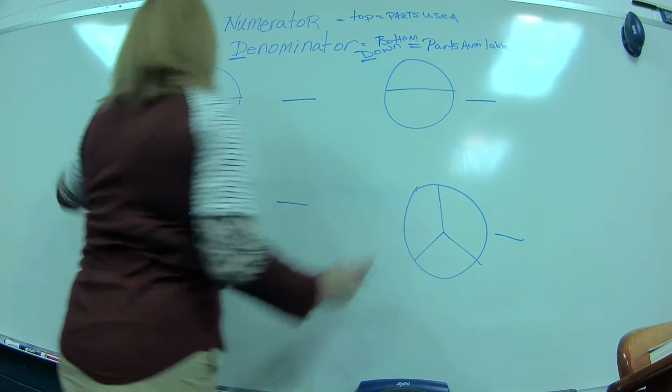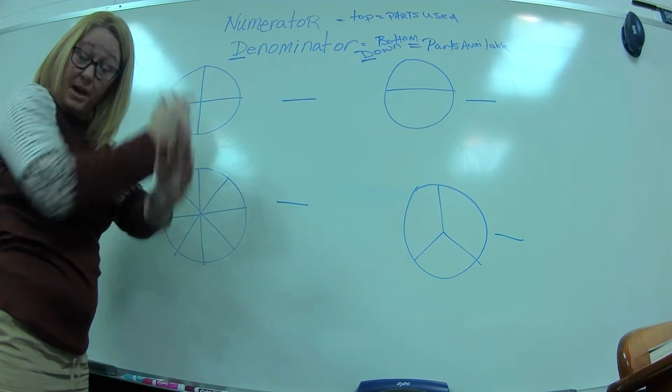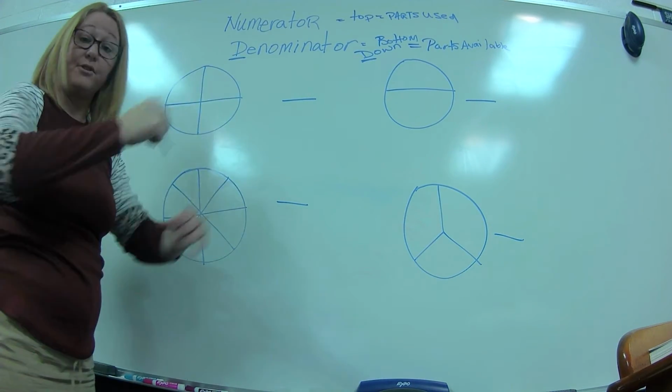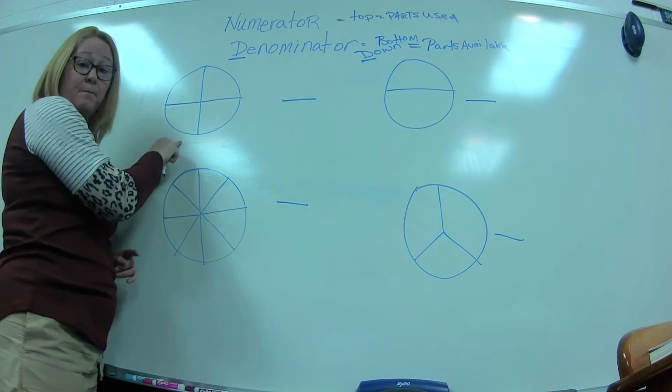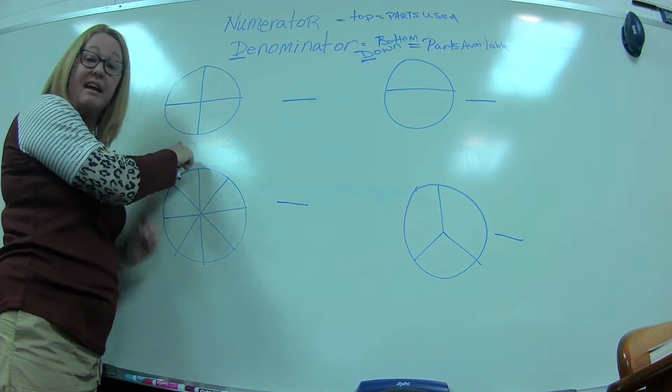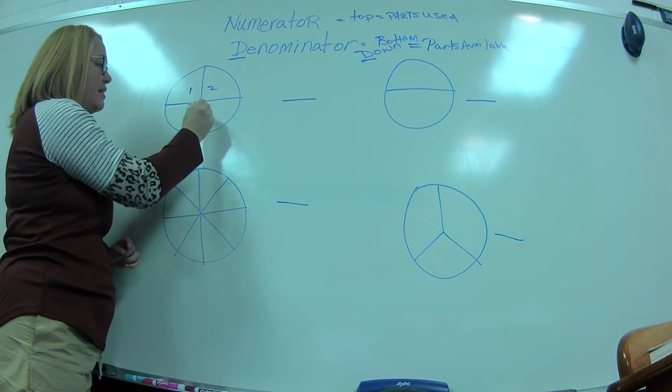All right, so I drew some circles here, and I divided them. I cut them in half or in quarters and in eighths and so forth. So on this first one, how many parts do I have available? I have 1, 2, 3, 4.